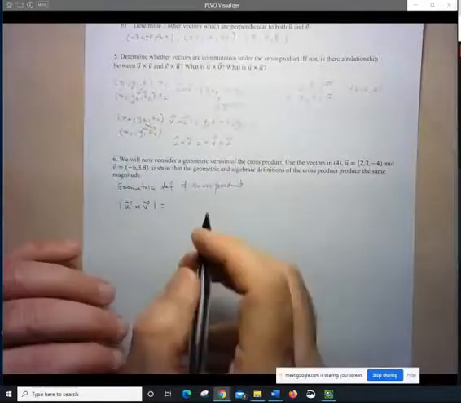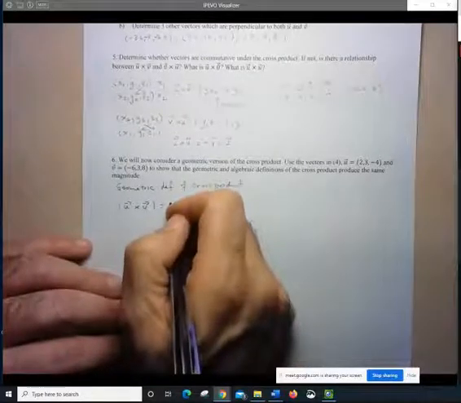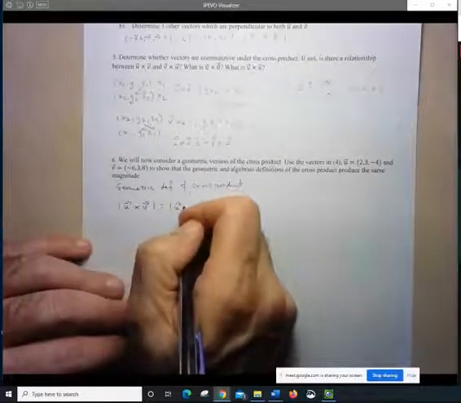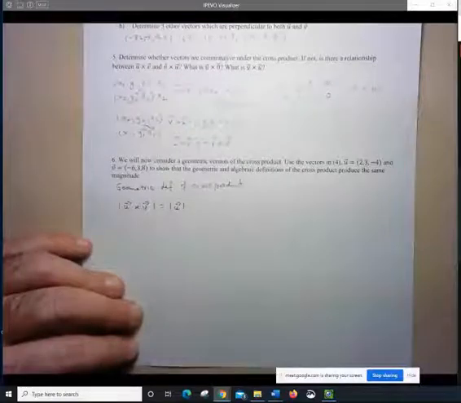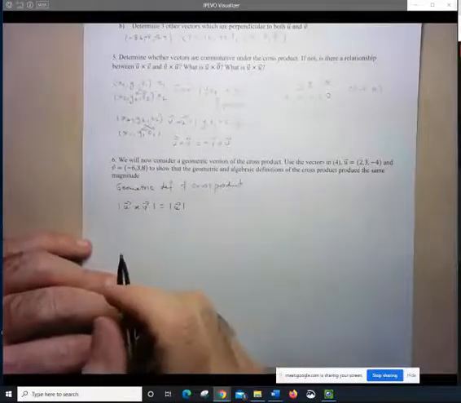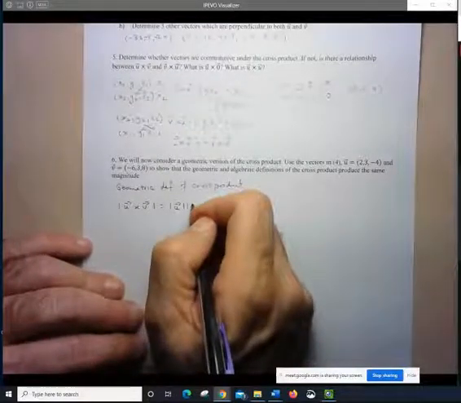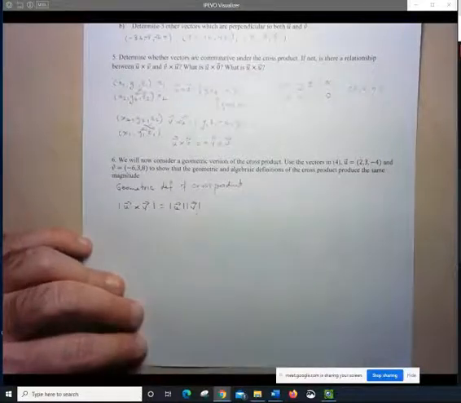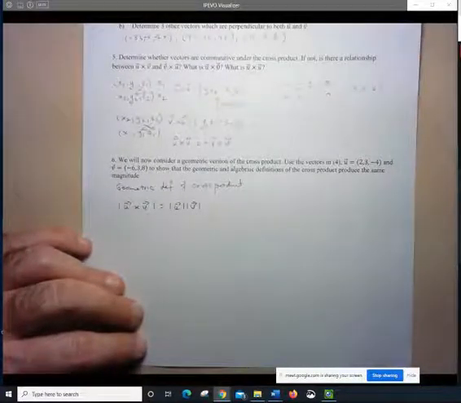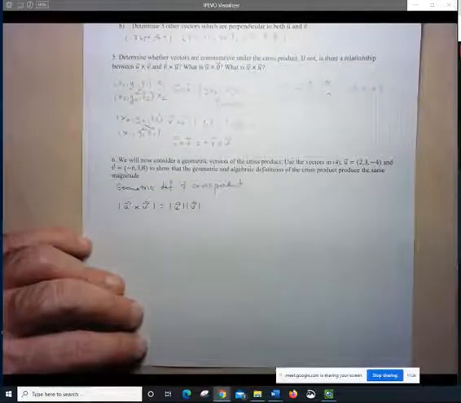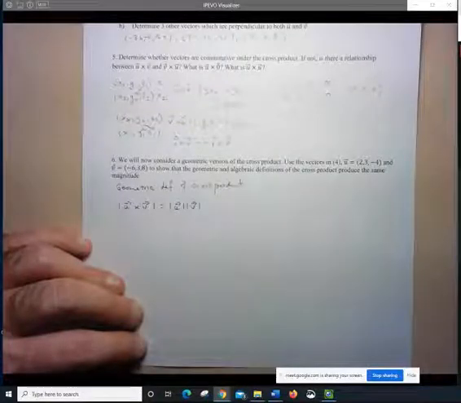All right, so let's take a look, and I think you'll find this kind of interesting because it will look very familiar. It's the magnitude of u times the magnitude of v. Is this looking familiar so far? What's it looking like? It's looking a lot like the dot product.